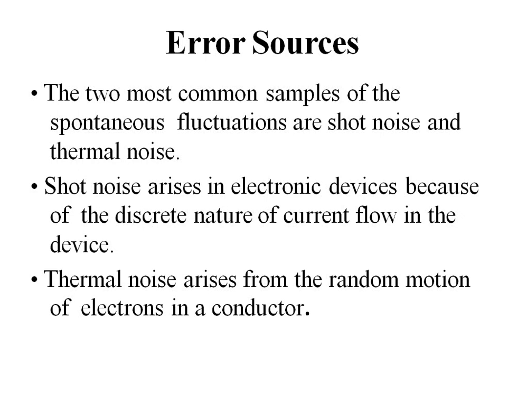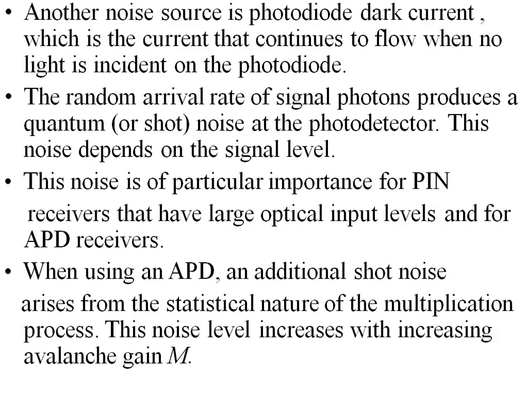Thermal noise arises from the random motion of electrons in a conductor. Another noise source is photodiode dark current, which is the current that continues to flow when no light is incident on the photodiode.